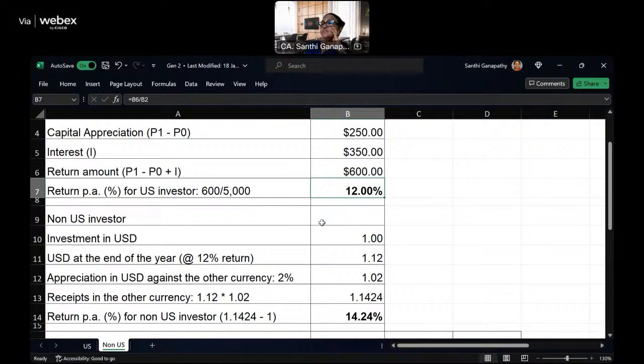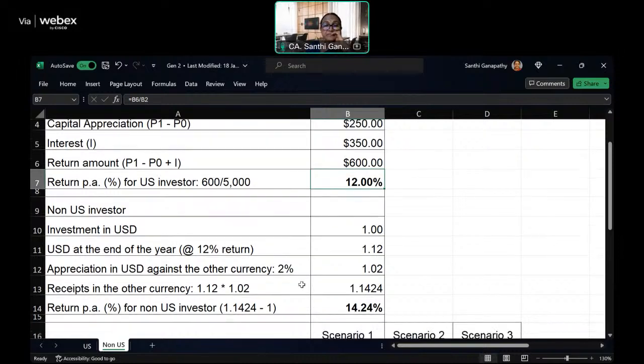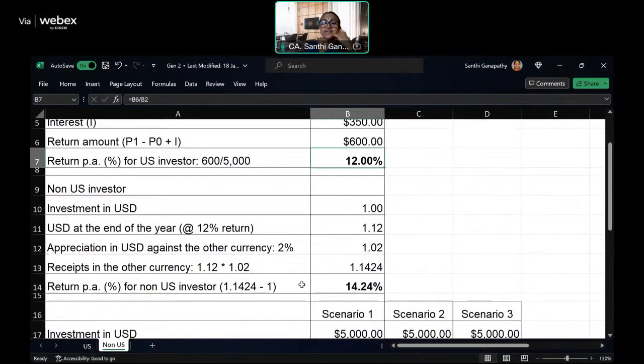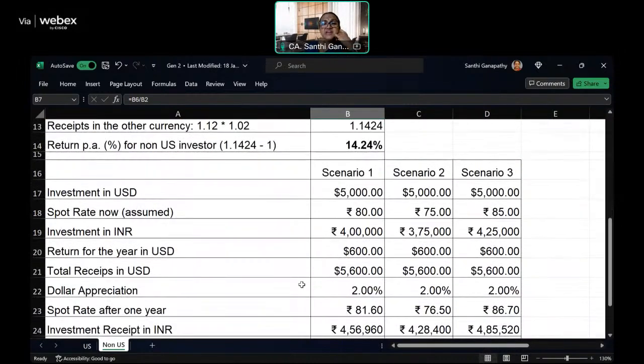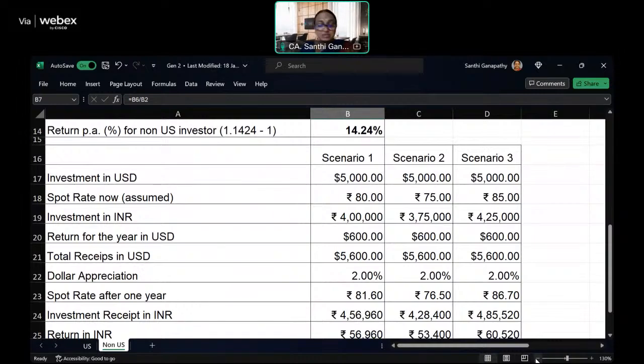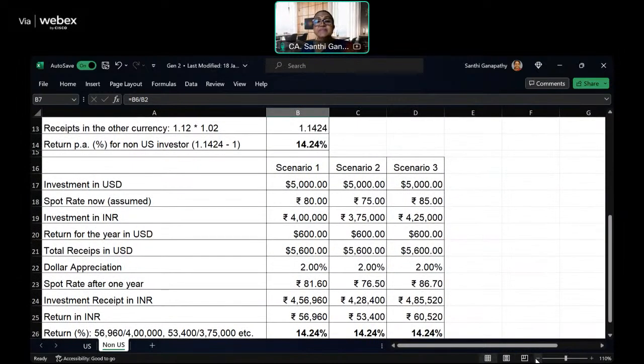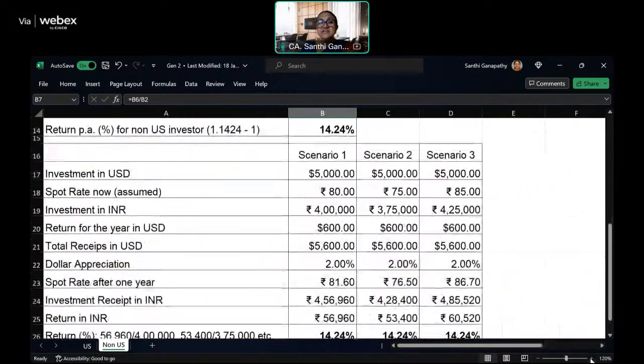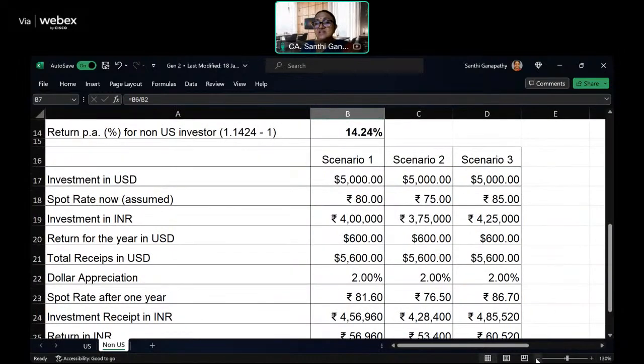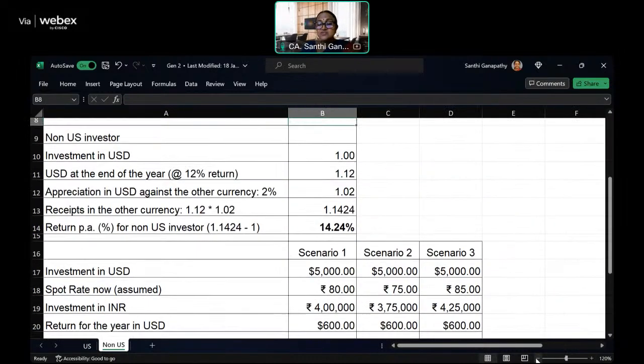Now, supposing there is a difficulty because the other currency is not given. You can take any currency. Obviously, we would prefer to take Indian rupees, because USD INR is a very convenient and comfortable currency for us to understand.